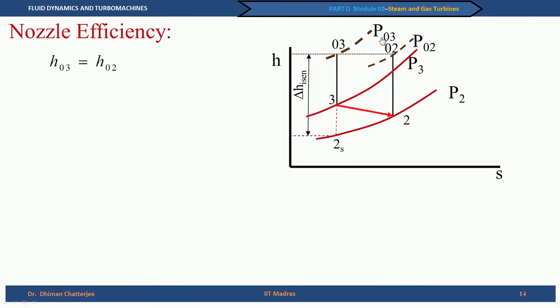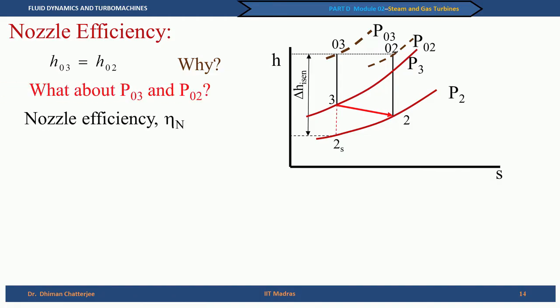But what about pressure? That also we have discussed in the last lecture, that P03 is not equal to P02 and there is a pressure drop to overcome the friction. So, this is depicted here, and that brings to us the concept of nozzle efficiency.